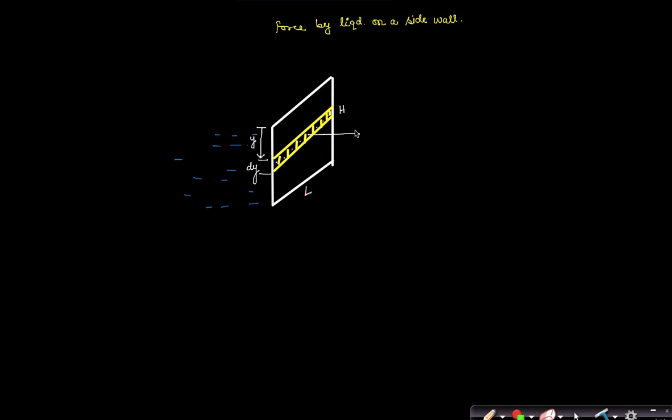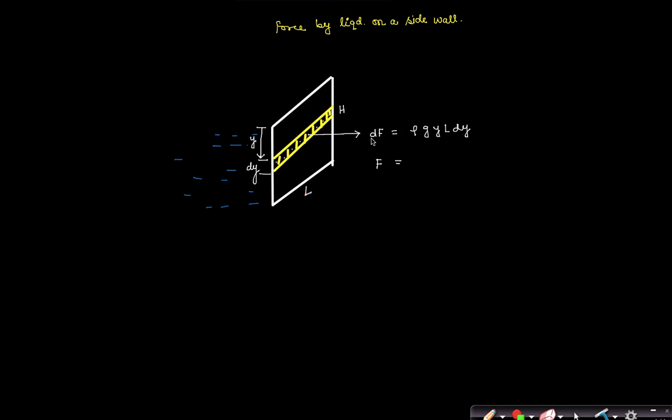So the small force on that small strip is rho g y multiplied by the area, which is L into dy. And all the strips will have the force in the same direction. So I don't have any problem of integration.